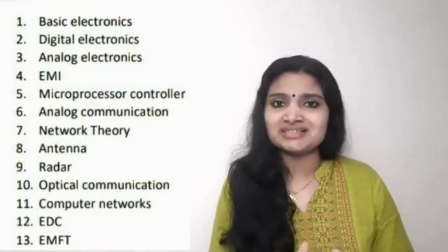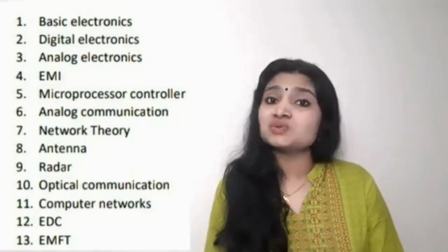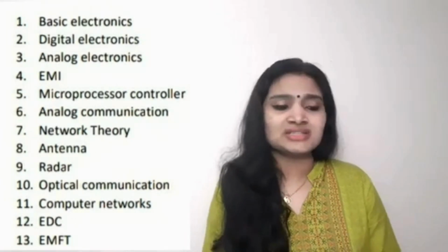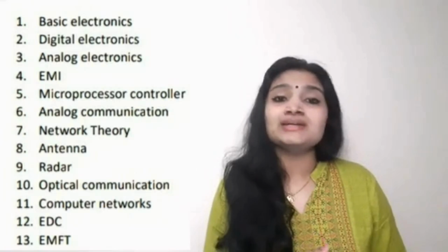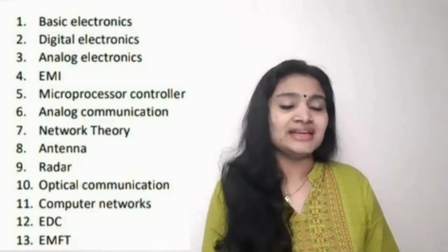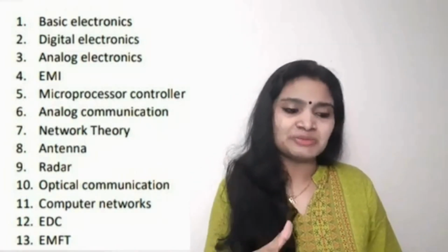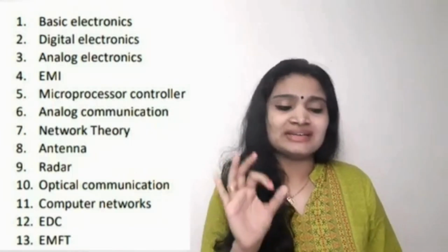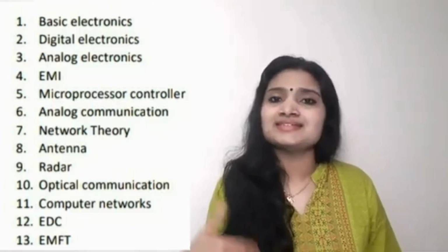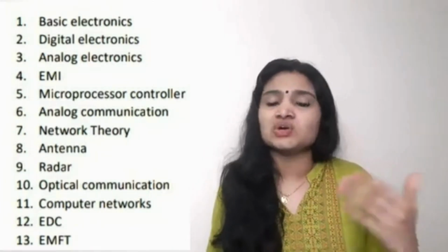Then fifth is microcontroller and microprocessor, again a very important subject. Sixth is analog communication, seventh network theory, eighth antenna. Then radar, optical communication, computer networks, EDC, electronic devices and circuits, and lastly EMFT.